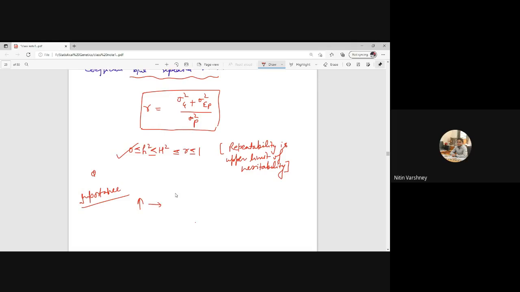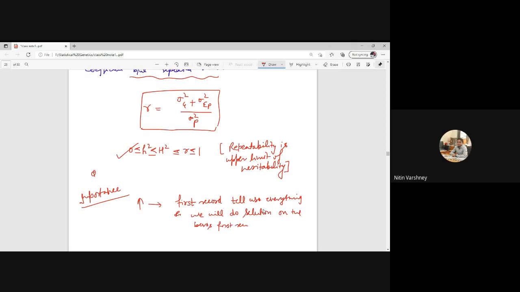If the repeatability is high, then we will say that the first record will tell us everything about the particular variable. And we will do the selection on the basis of the first record.